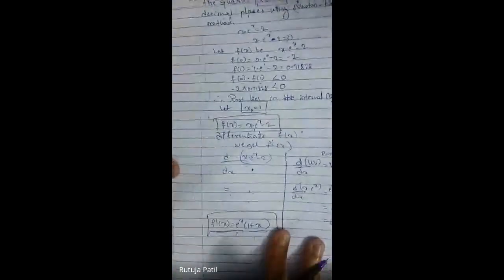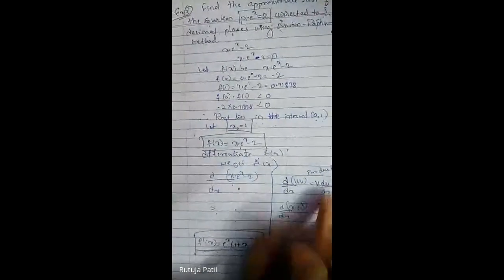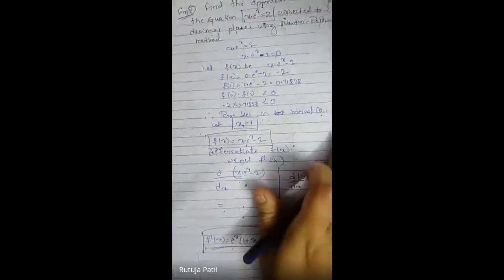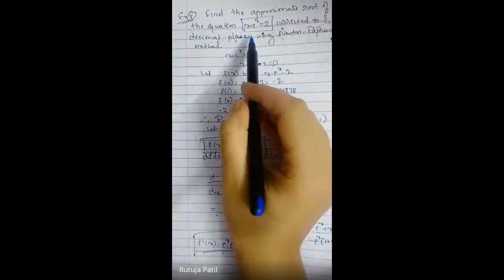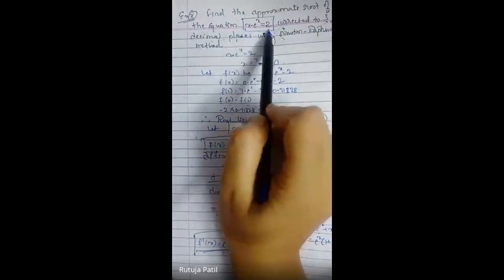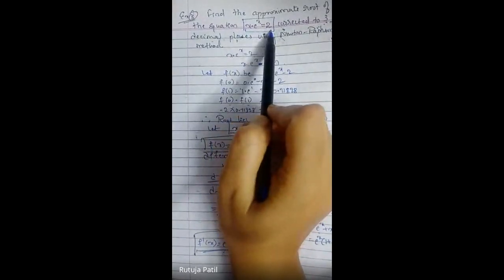Okay, so one more example I solved, that is this one, right, in this video. So once again I'll brief regarding this. So what was the equation? That is x into e to the power x equals 2. So when I saw this equation, this was not in the form of f of x equals 0.